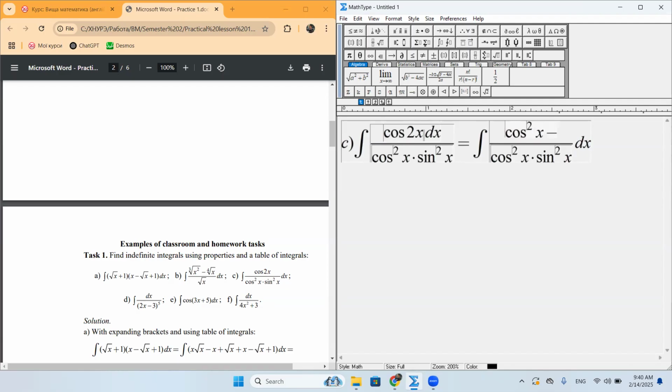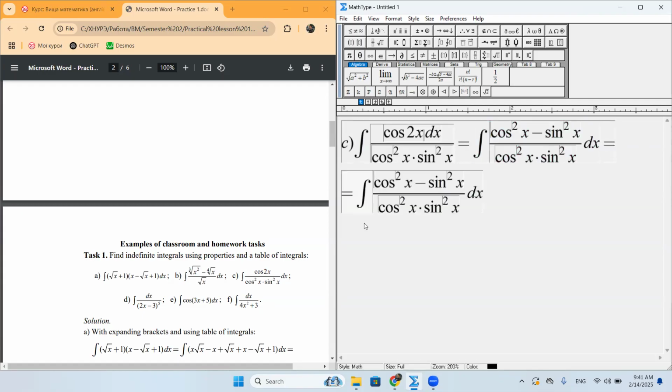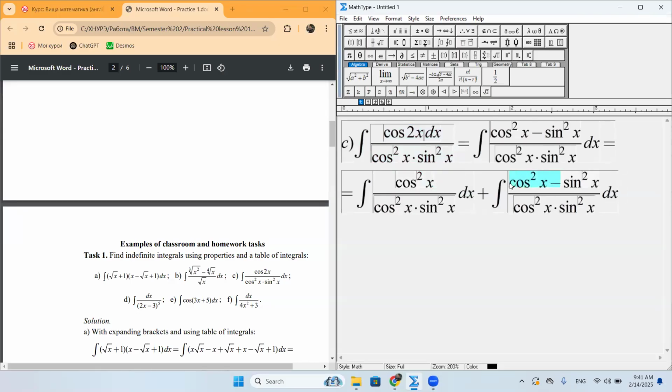So reminding you of trigonometric formulas. So in this way. And now we will use the property of linearity of the integral, making it a difference of integrals. So like this.